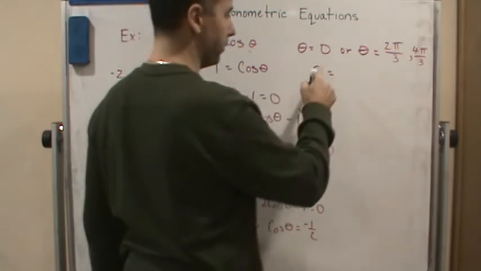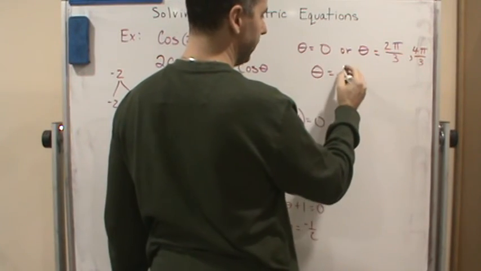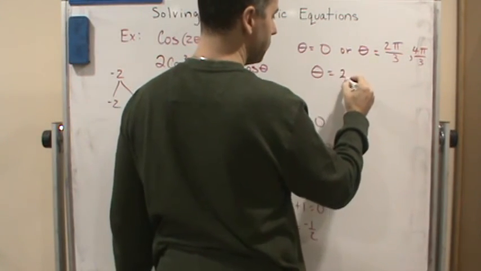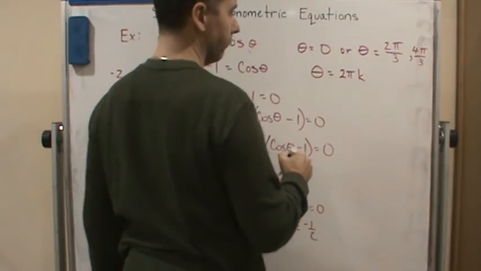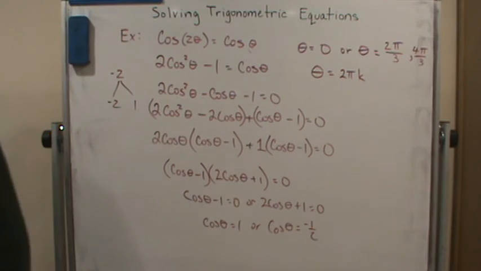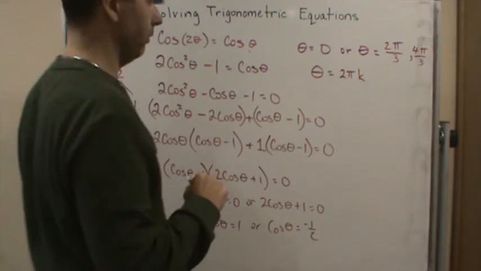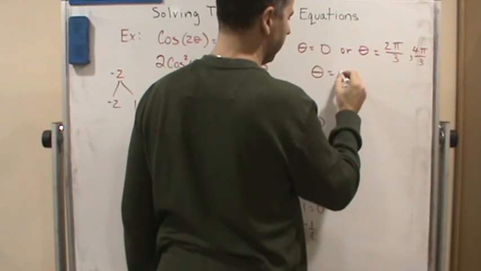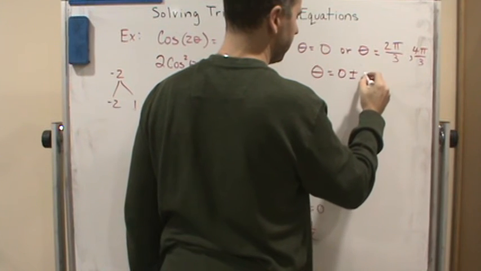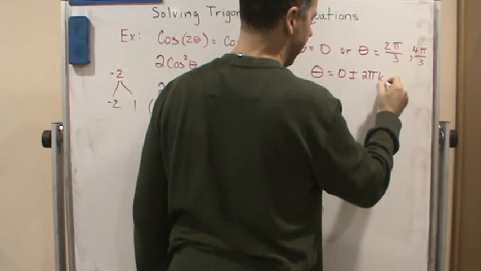Remember, the period is 2 pi, so that means it's going to be equal to 2 pi times k. It'd be better to write it with 0, so it'd be 0 plus or minus 2 pi times k.